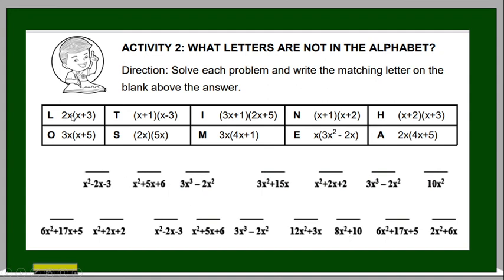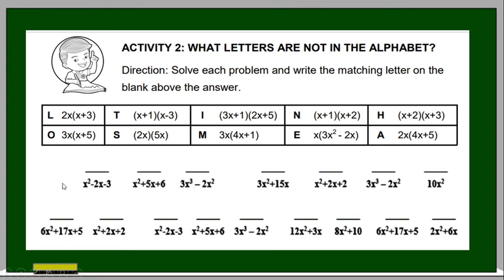Okay, so let's say you try to evaluate this 2x multiplied by x plus 3. Okay? Using the distributive property and powers of product, power of powers. So we have 2x times x. So that is 2x squared.